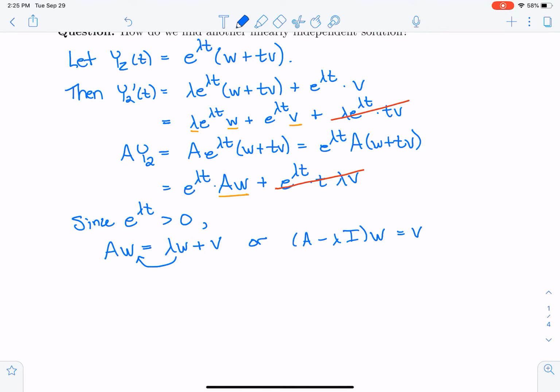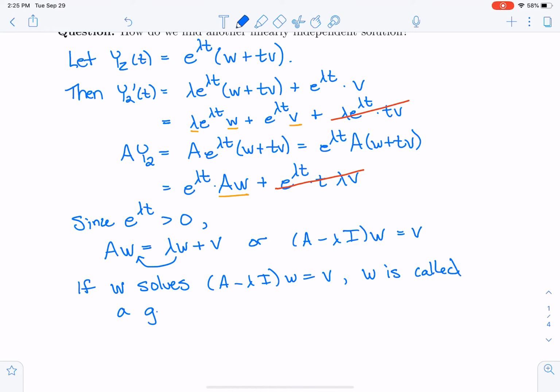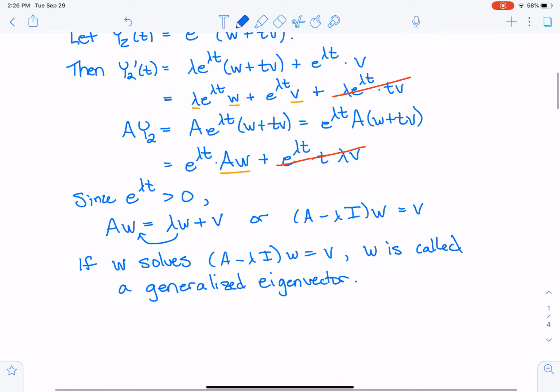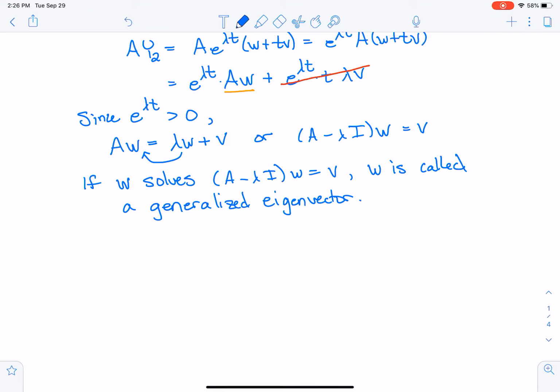Well, in solving that, so if w solves the problem a minus lambda I w equals v, we say that w is called a generalized eigenvector. And it actually satisfies a property.